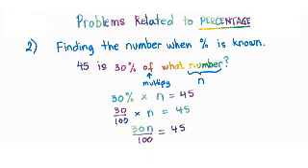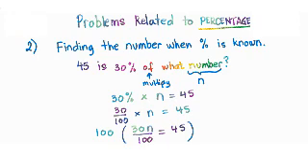Now let us have this 30n over 100 equals 45. Then how about 100? This is the denominator here. So we need to multiply both sides by 100 so that we will eliminate this 100.